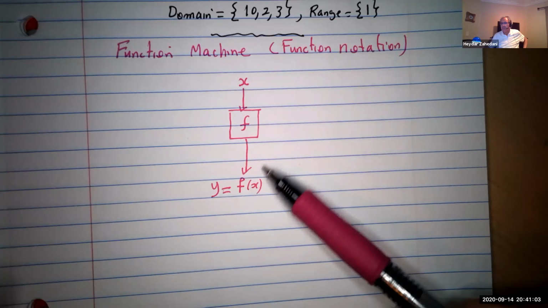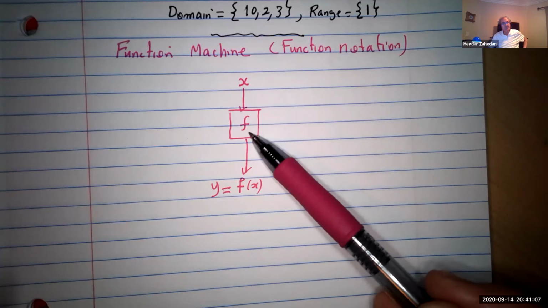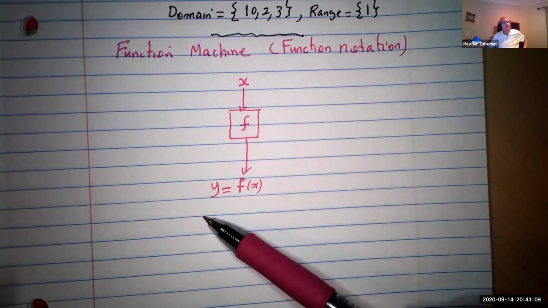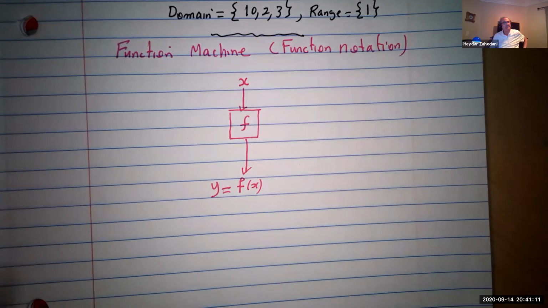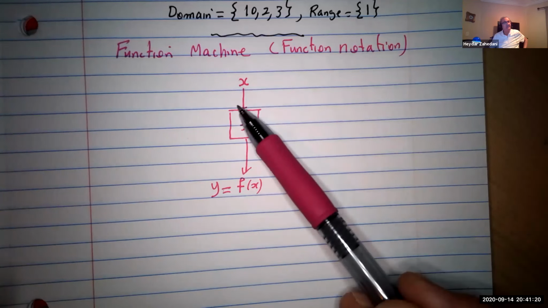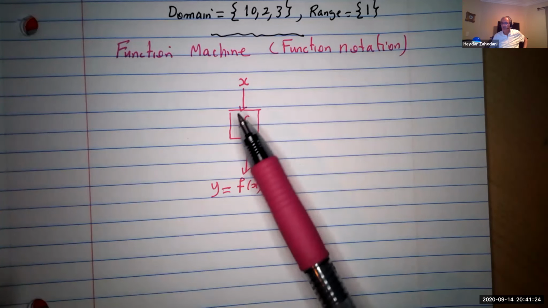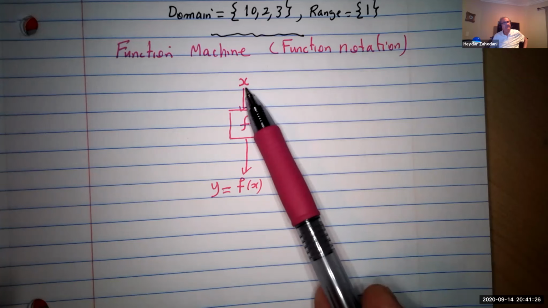Okay, the condition is if you drop x into the machine, one x into the machine, you get one y out right away. The best example of this format is the cashier machine. So you go to the cashier. Inside the cashier, there are different formulas. You scan the soda.